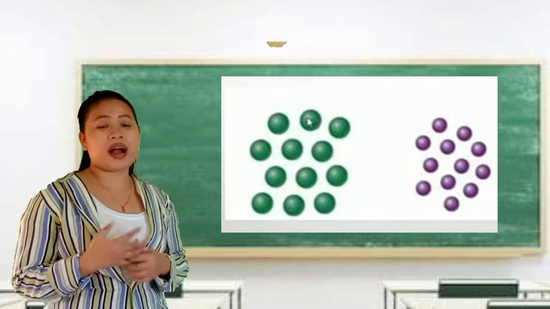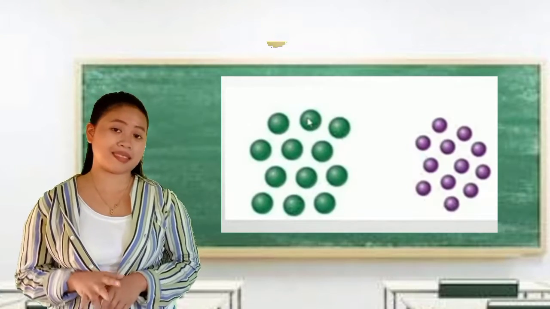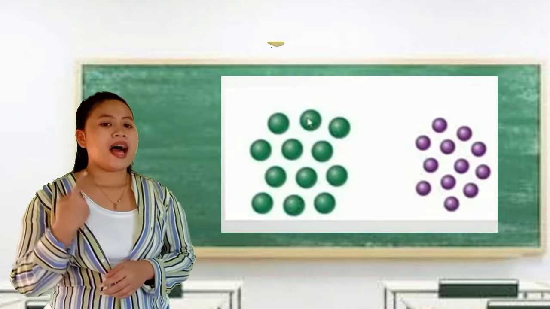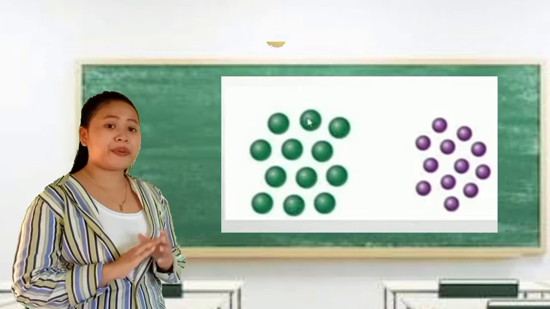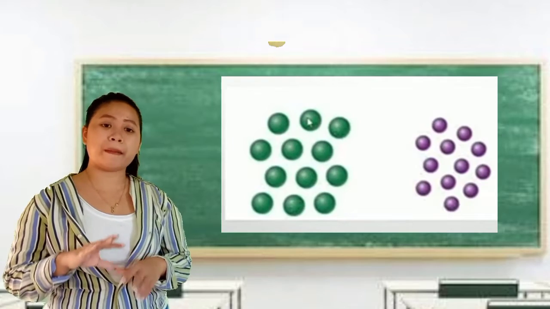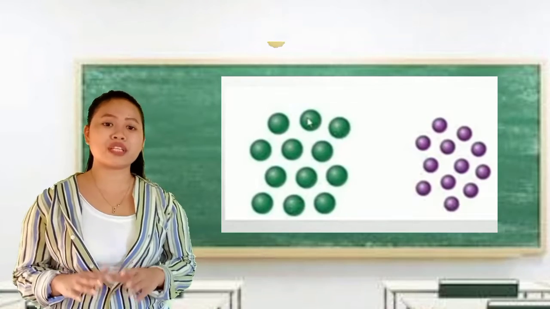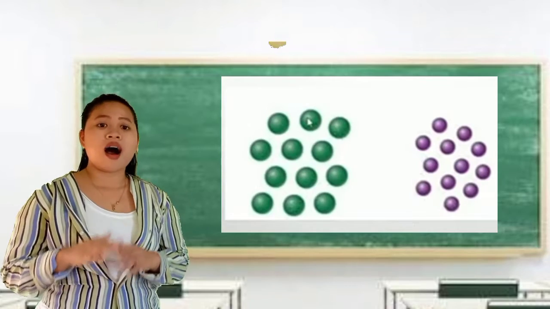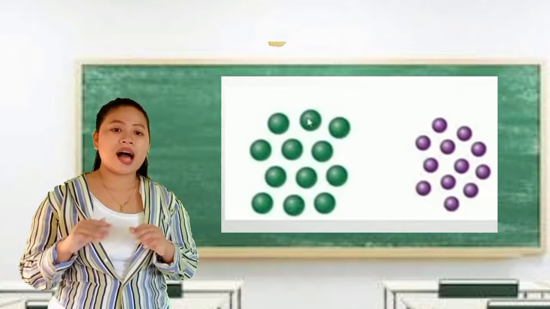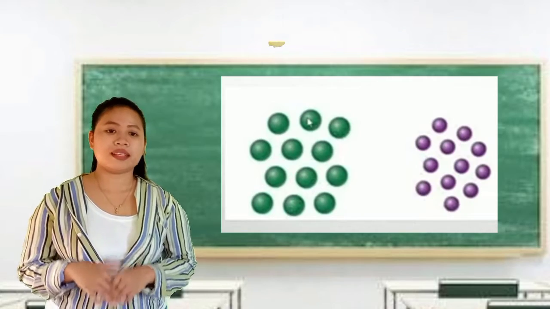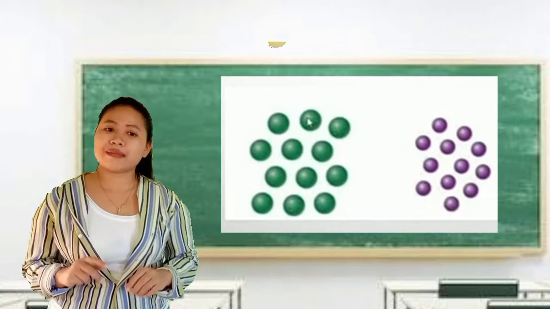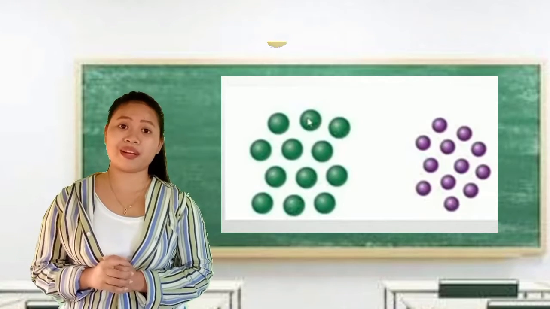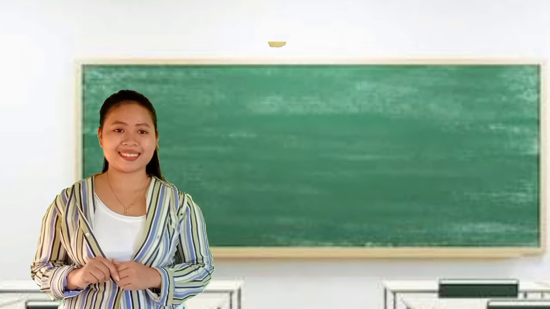The green atoms have the same mass as well as the same chemical properties. The purple atom has different chemical properties and different mass, so all those having the same mass as well as the same chemical properties are the given elements in our world. All of the atoms of one element are similar in mass as well as similar in chemical properties.